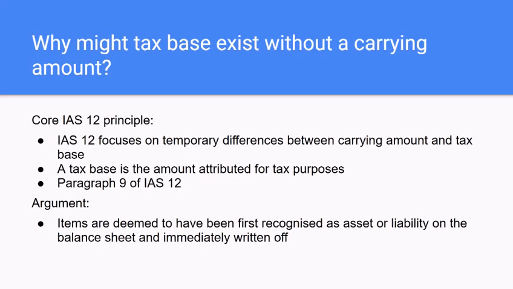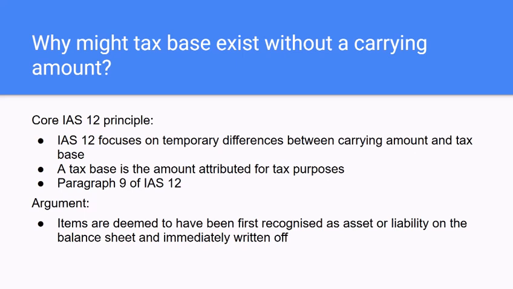So why will a tax base exist without a current amount? It happens in reality. This principle is based on something the writers of IAS 12 have said in paragraph 9 of IAS 12. They told us that there will be cases where you have a tax base on an item, but that item does not have a current value in the balance sheet.